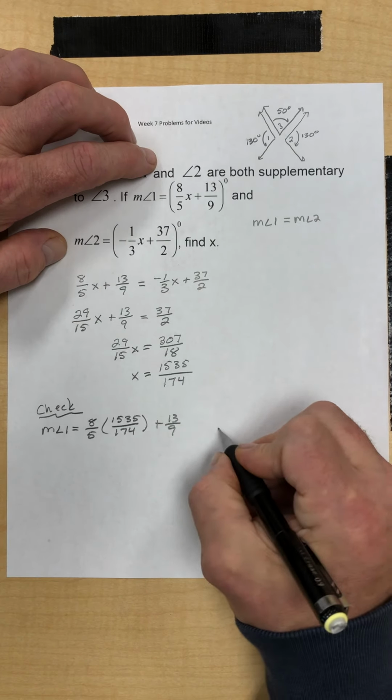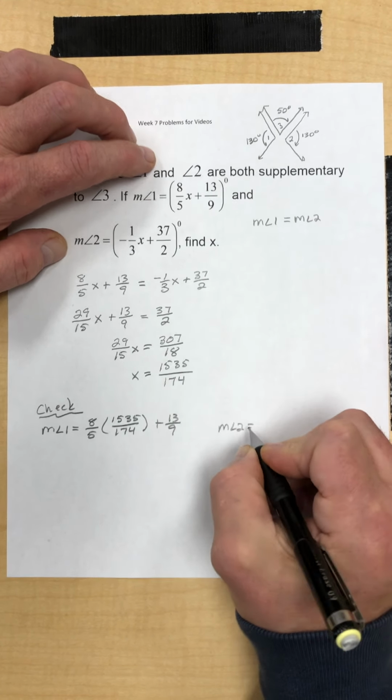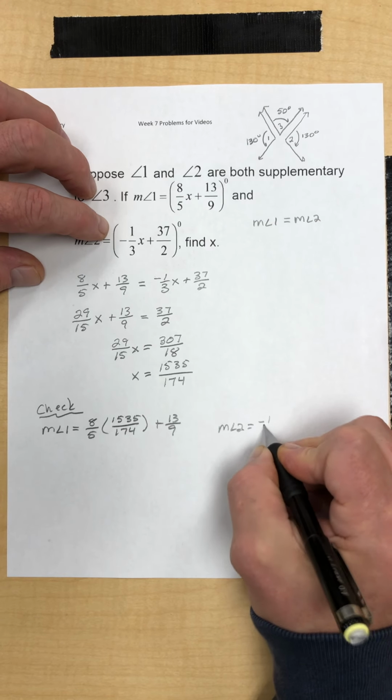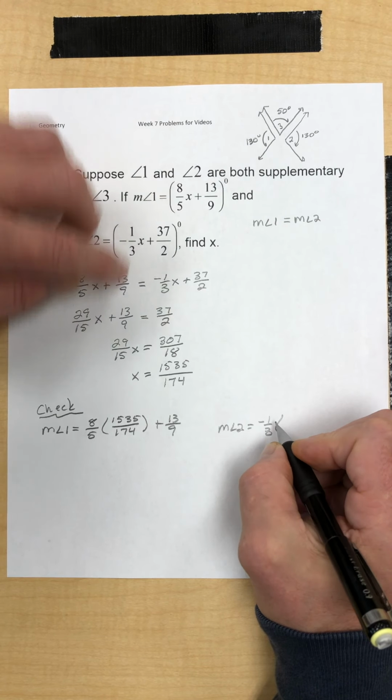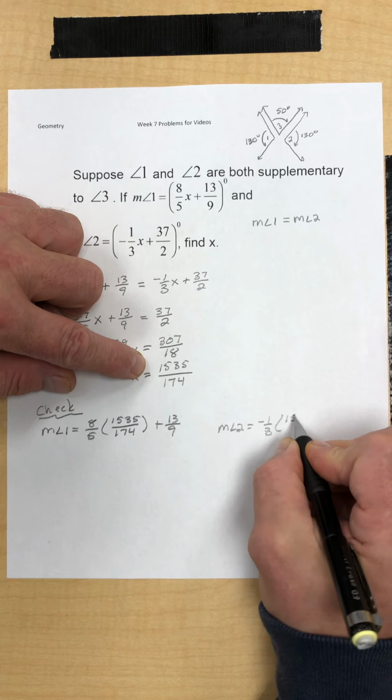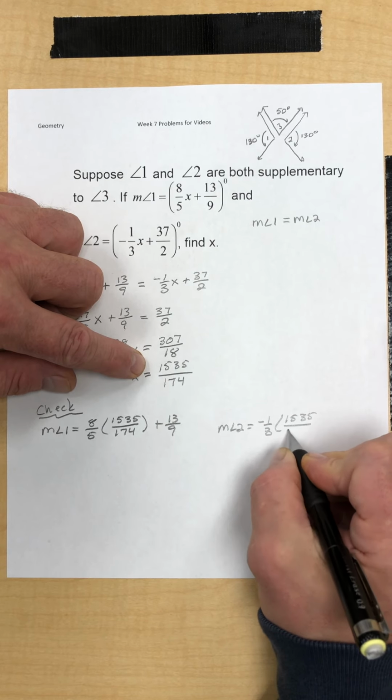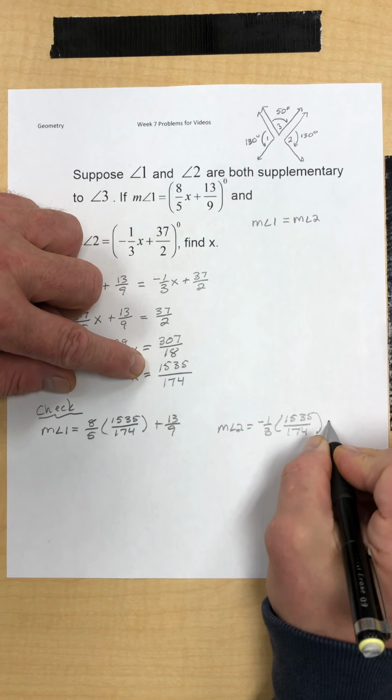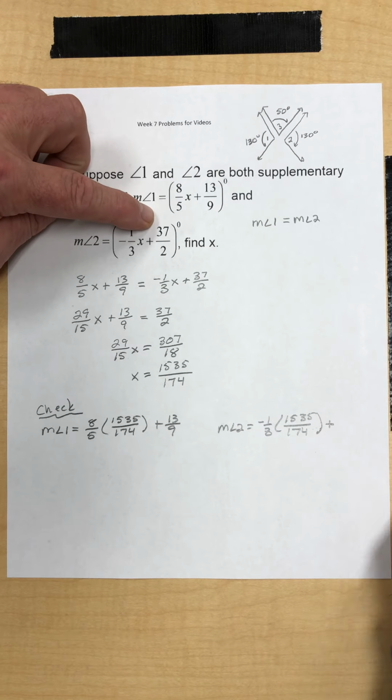And for the measure of angle 2, I have to go negative 1/3 times my x, which is 1535 over 174, and then add the 37/2.